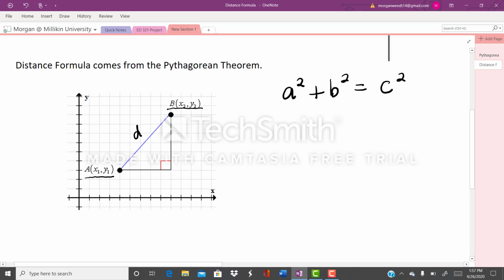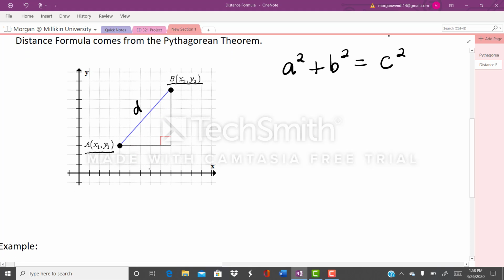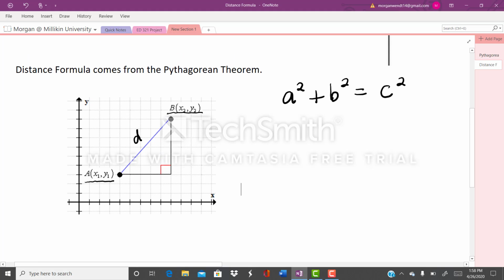Okay, in this image, there are already the lines here to form that right triangle. So if we were approaching this with the Pythagorean theorem mindset, we would label one of the legs A and one of the legs B for the right triangle. However, when using the distance formula, we're only given these 2 points here.